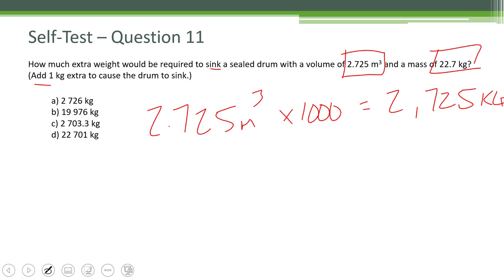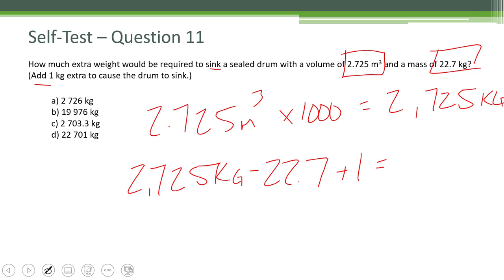So we have to add a bunch of weight to it. How much do we have to add? Well, we take 2725, because that's the buoyant force, and remember it weighs 22.7, so we take that off, and we add 1 just to make sure it sinks.